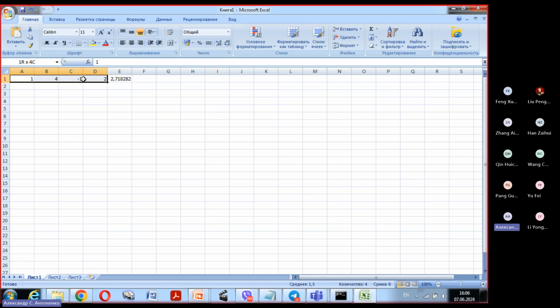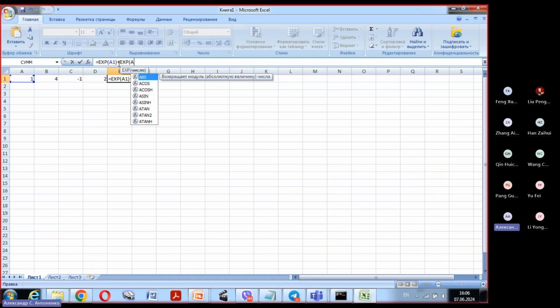We need to find the exponential of each element and find the sum of these exponents.